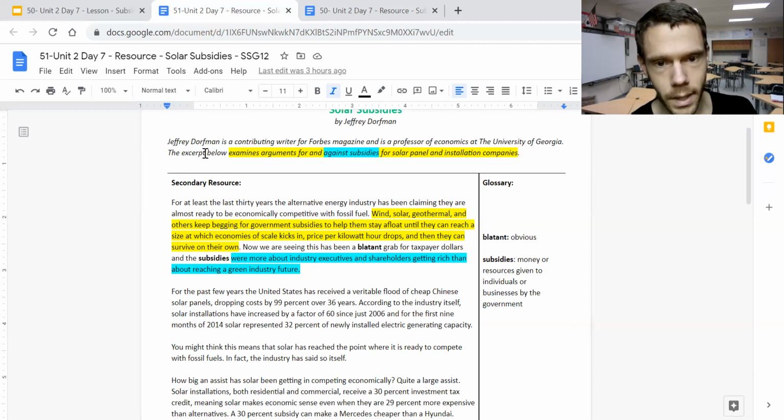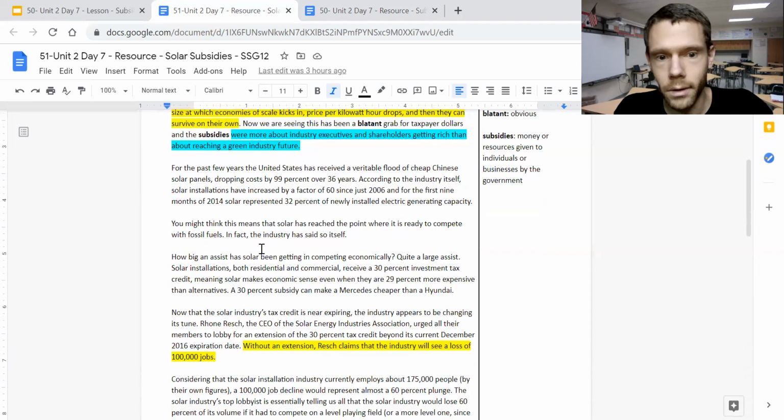An argument against is that some see it as a blatant grab for taxpayer dollars, and that it's more about the industry executives getting rich than really getting a green industry future with a lower carbon footprint. As you go through the reading, you'll want to highlight arguments clearly for and arguments clearly against.